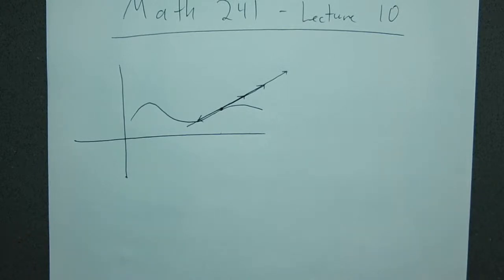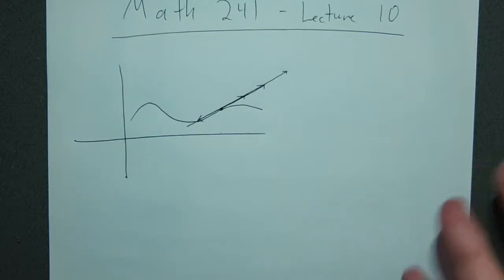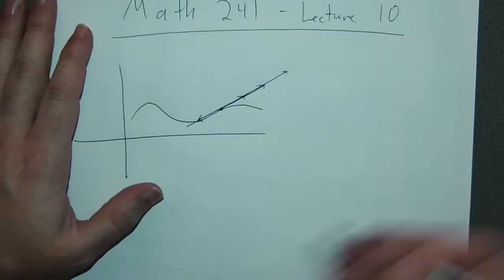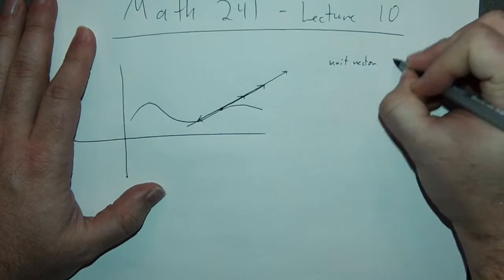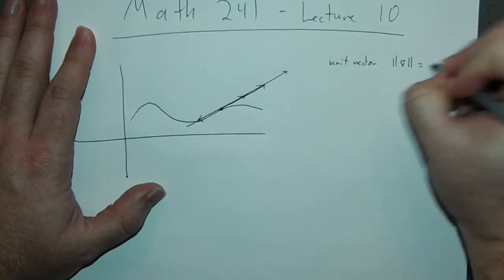Meaning vectors that are tangent in the same way that a tangent line is tangent to the graph of a curve. So how do I know which is the best one to pick? Well, a convenient way of doing this is to just pick the unit tangent vector. Remember, a unit vector is just a vector that has length 1.